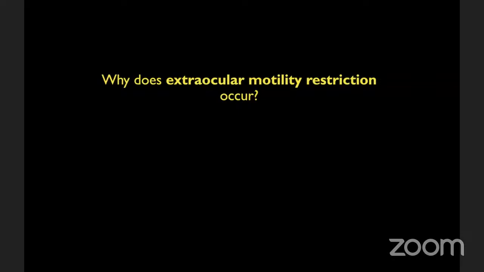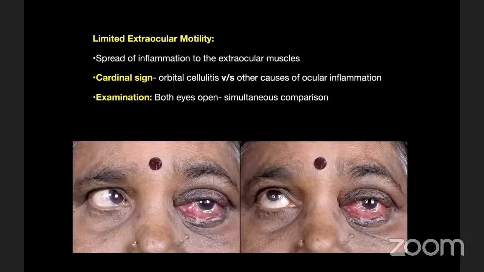Now, we spoke about all of this. Now, why does extraocular motility get restricted or limited in cases of orbital cellulitis? Now, the simple, straightforward answer to that is involvement of the muscles, right? That is, there is spread of the inflammation into the extraocular muscles.